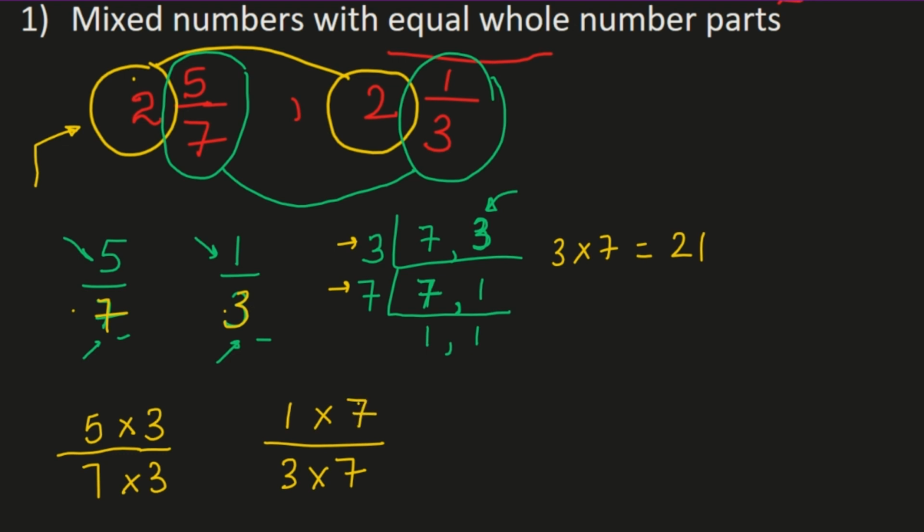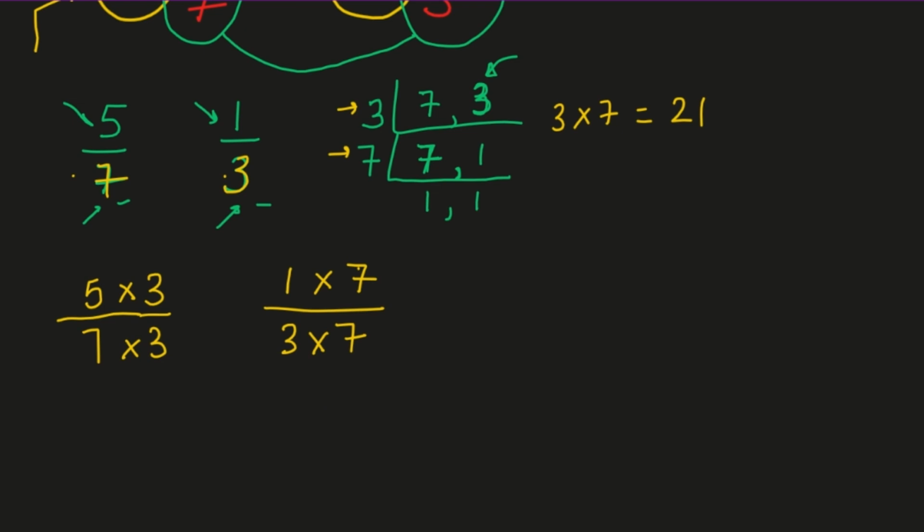So what will be the answers? The answer here is 5 into 3, it's 15, 7 into 3, it's 21. And 1 into 7, it's 7, 3 into 7, it's 21. So what's the largest fraction? The largest fraction is this one. 15 upon 21 is greater than 7 upon 21.